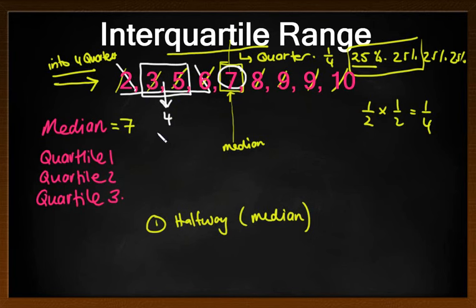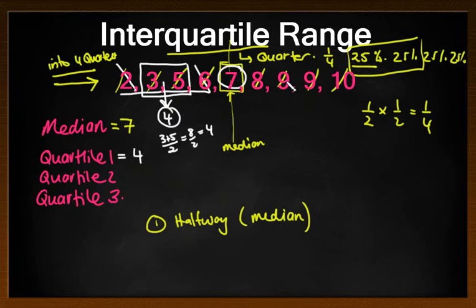If you're not sure, the quickest way is adding them together, which is 8, and 8 divided by 2 equals 4. So that's a really quick way of doing it if you're not too sure. That middle number is our first quartile, and that's going to be 4. So we refer to that as quartile 1.